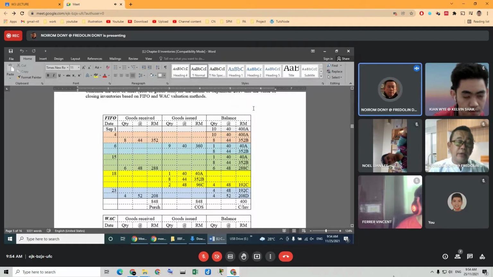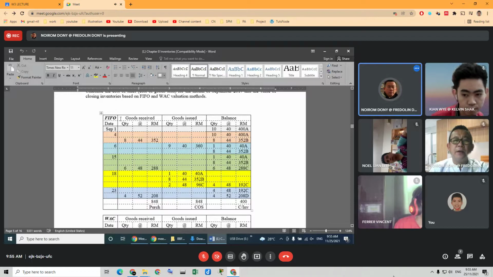They are the same. So you prepare in column form. The first column is the date column. The second column, goods received column. The third column, goods issued column. And the last column is the balance column.